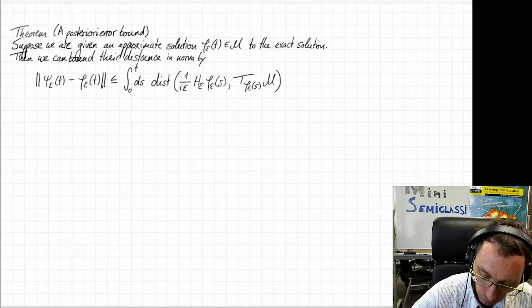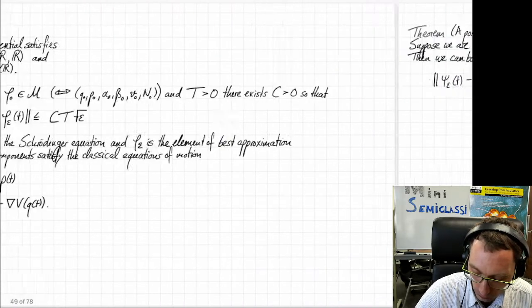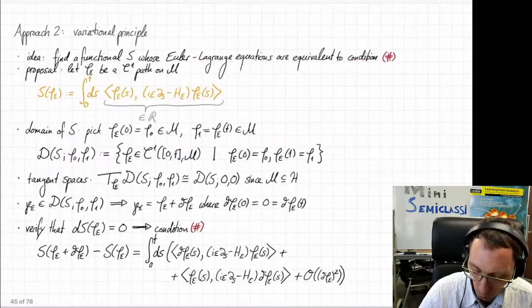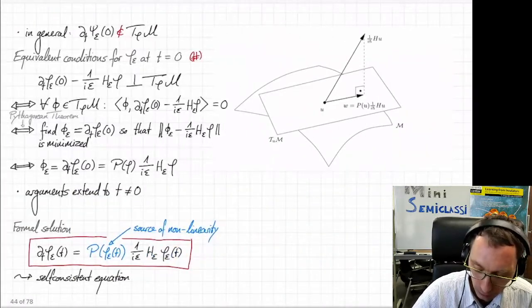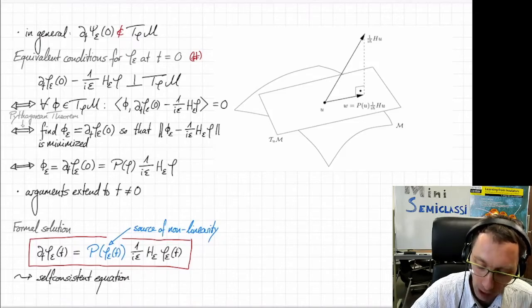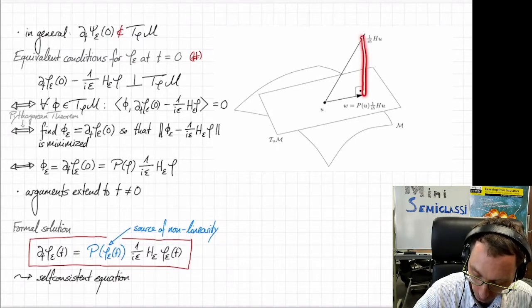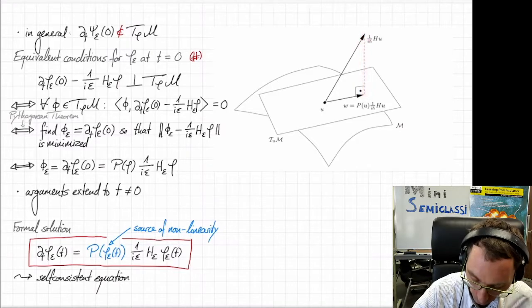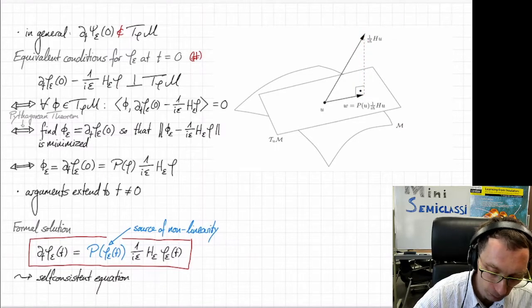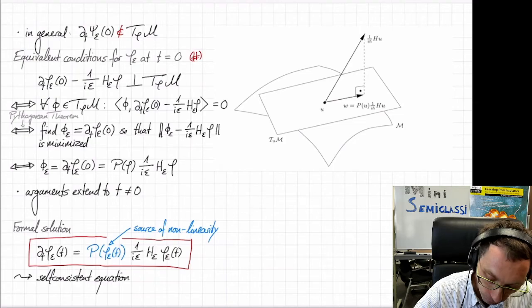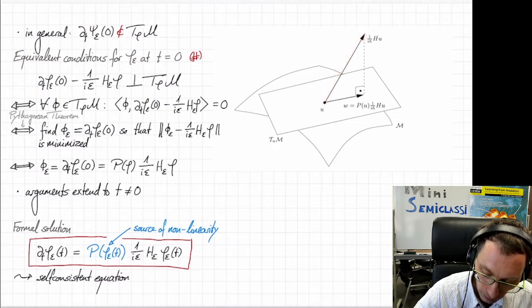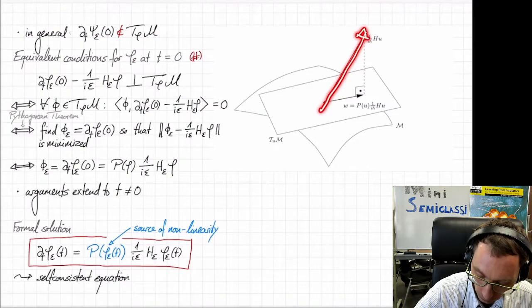So I will not give a proof, but you can already tell from the geometric picture why this is reasonable, why this is a good approximation. So let's just fix a point in time. Then 1 over i epsilon times h epsilon applied to phi, that's this vector here.